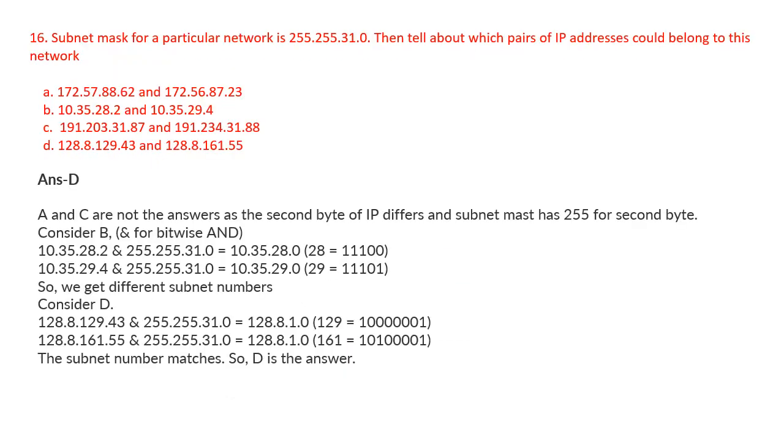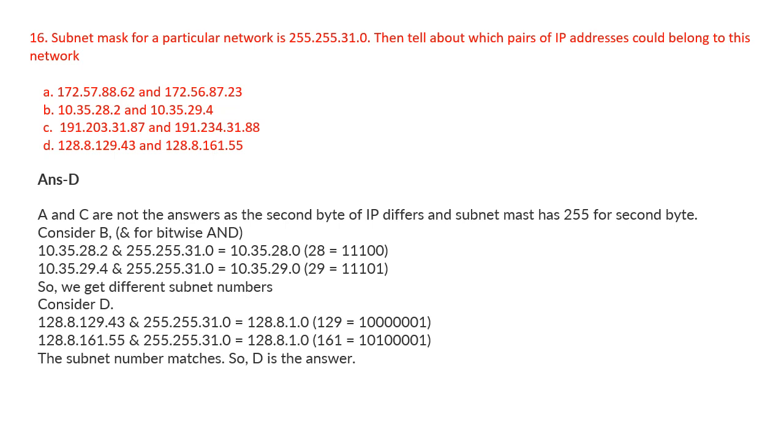The subnet mask of a particular network is 255.255.31.0. One subnet mask is given, and we need to tell which pair of IP addresses could belong to this network. Okay, so we will go one by one through the options. A is 172.57 and 172.56.